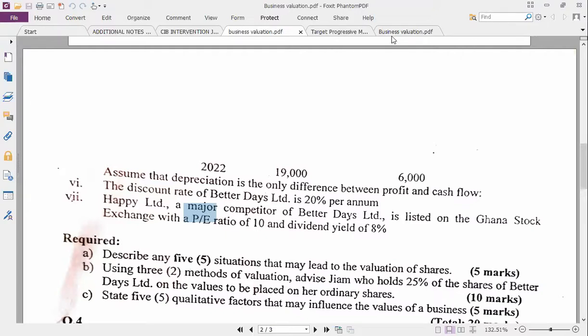Again, over here, it is similar. So let's go straight to the board. Right after reading through, I tell the examiner that I'm finding the value of the company, Better Days.